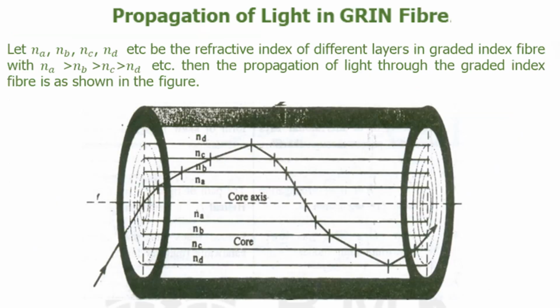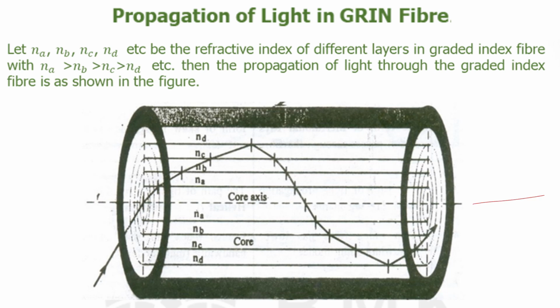Okay. So you can see the picture here. A typical picture is shown with different values of refractive index of the core. That gradual change, N1, see, this is the center. So NA, then the next value NB, then the next value NC, and the next value ND.